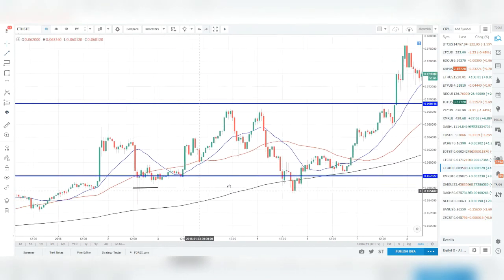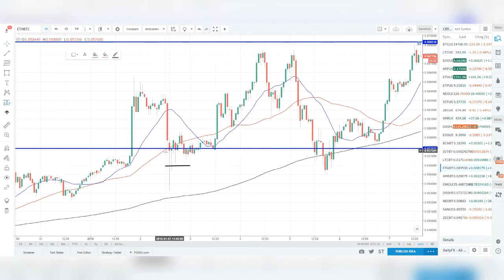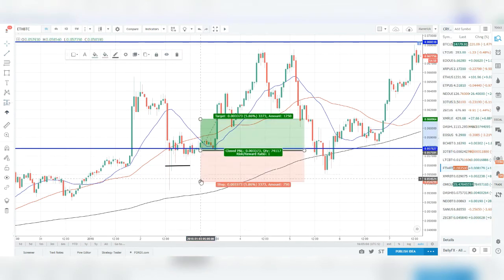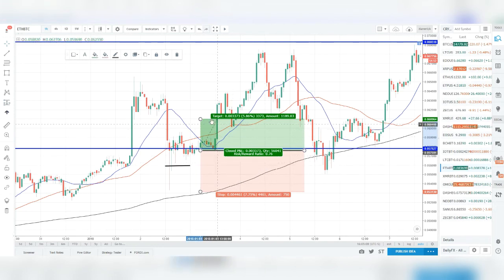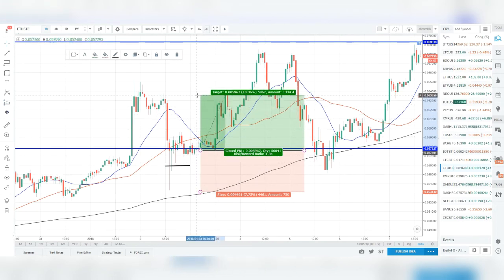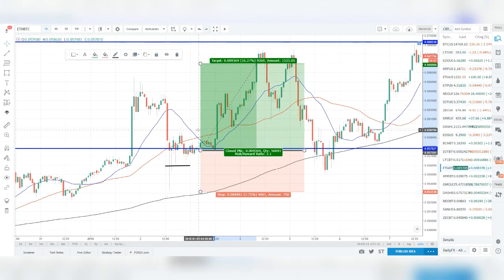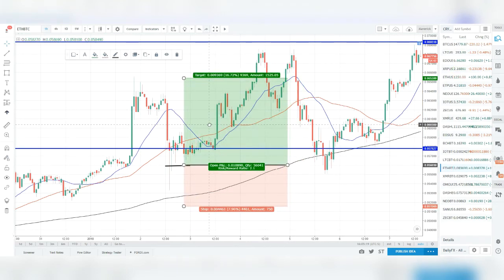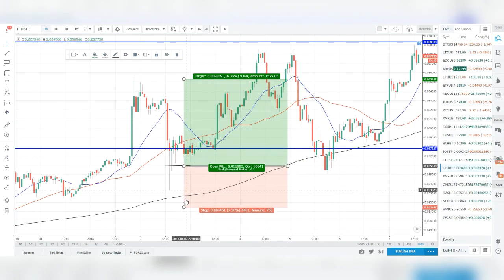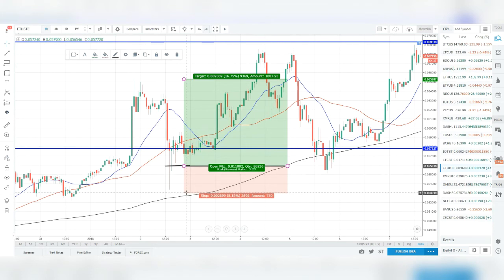So if I had that limit there, let's say I entered on the close of this hammer candle and I put the stop below the candle. Now that's a pretty wide stop loss, and to get a 2-to-1, we'd have to be going pretty high up. This would have hit it, but it's still a pretty big range, right? So what we could do is put that limit order in, and now our entry's down here, meaning our stop is half as big.